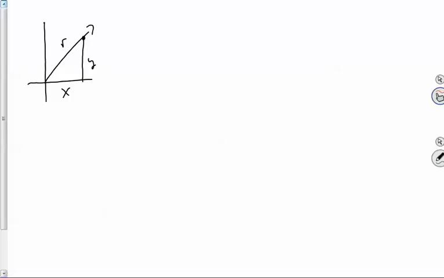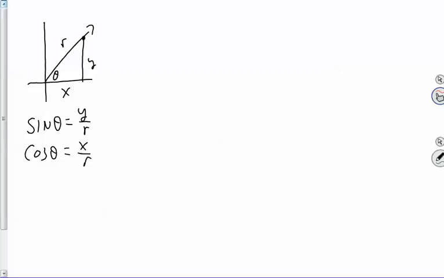if I call this theta, I know that the sine of theta is equal to Oscar had, so how about y over r? I know that the cosine of theta is equal to Oscar had a heap of apples, so that's x over r.